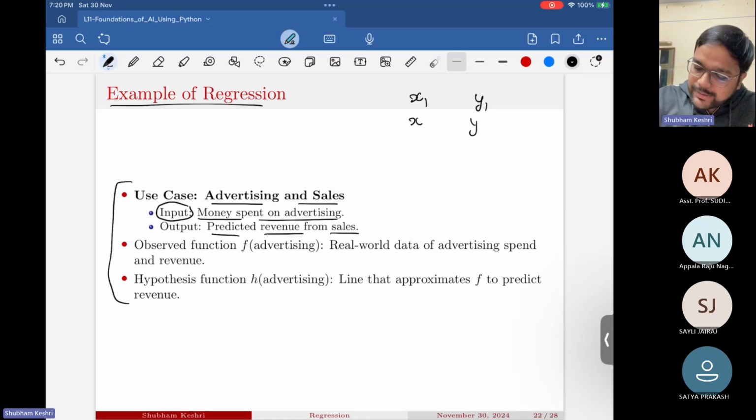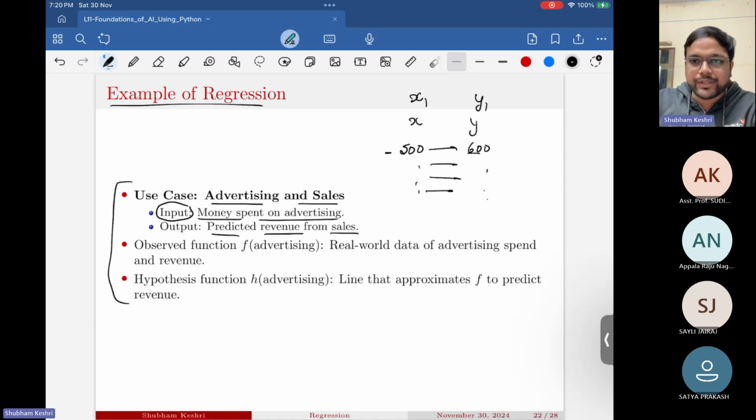What is x? x is the money spent in advertising. For example, 500 in some unit, and the revenue can be, suppose, 600 or something like that, and so on and so forth. And you are trying to obtain a regression such that given a money spent value, you can say this might be your revenue from the sales according to the model which we have built.